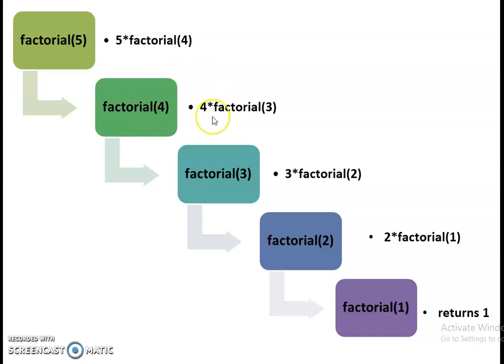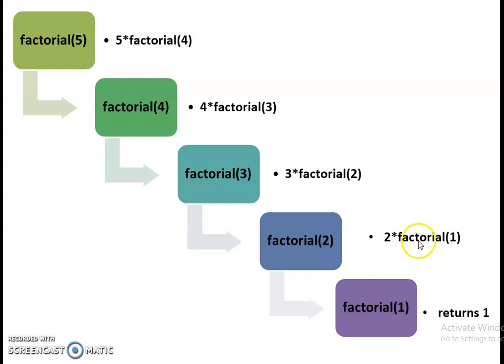Again we have the else statement. Inside else we are returning 4 into factorial 3. Now we are invoking factorial with value 3. Inside the function we again have the else statement to return 3 into factorial 2. Now we are invoking factorial with value 2. So factorial 2 will return 2 into factorial 1.